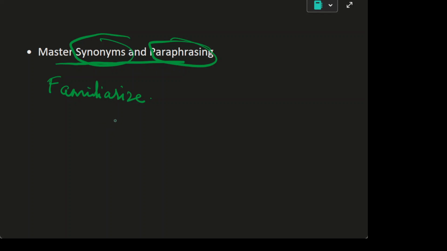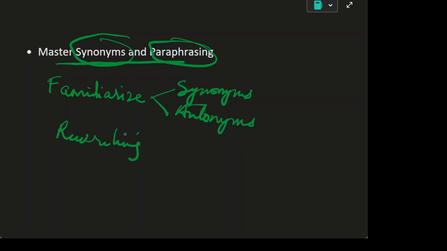It will help you if you know a lot of synonyms and antonyms, and you need to frequently use these words. You can start rewriting sentences from the TOEFL reading passages using alternative vocabulary and engage in word association games to enhance memory retention.